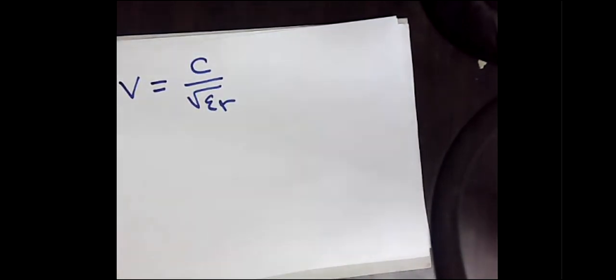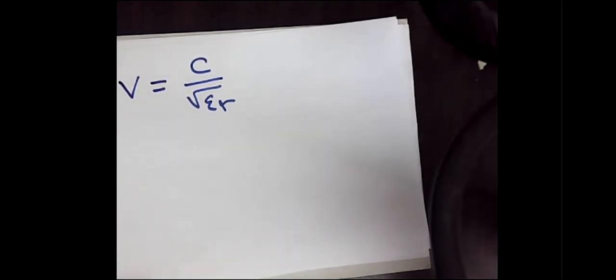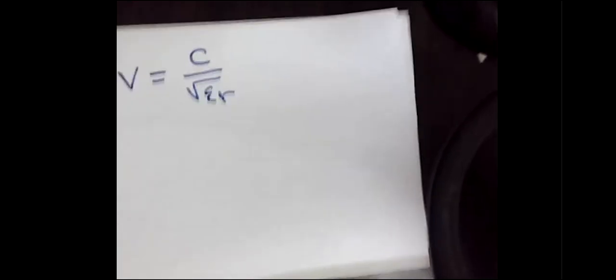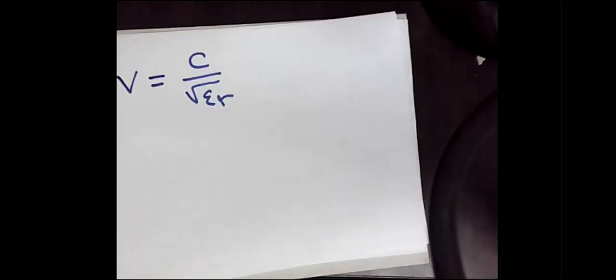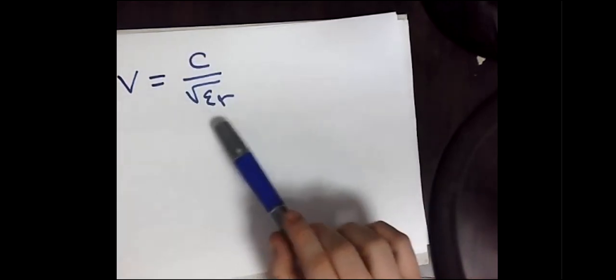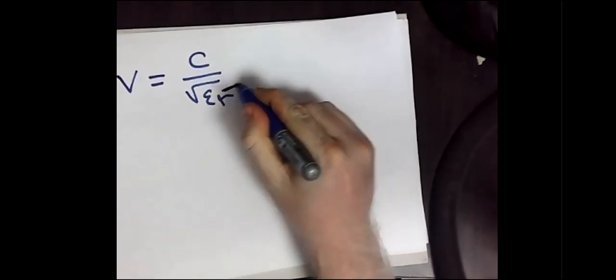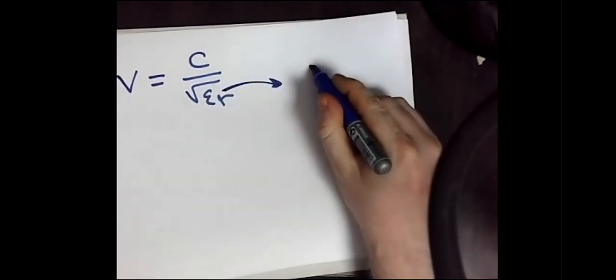I think you already saw this equation before. c is the velocity of light, which is the velocity at which light propagates in air. But whenever you have an epsilon r that is not equal to 1, which is the air case, then you should expect a reduction in the speed by a factor of root epsilon r. And as we mentioned, this root epsilon r is equal to n.